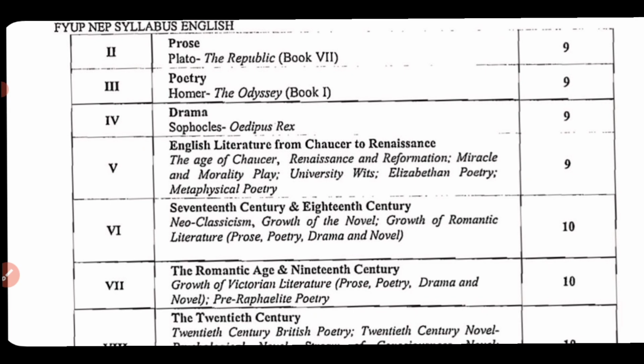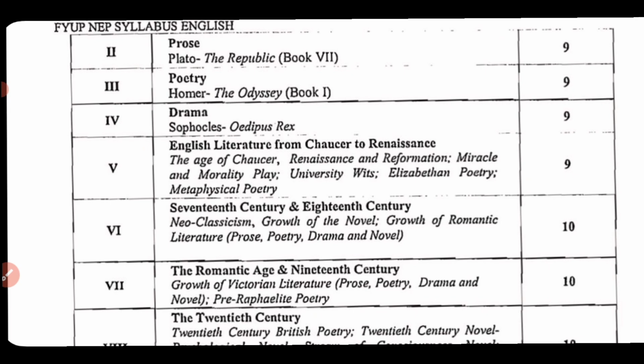Now we move on to the history of English literature in Unit 5, and the topics included in this unit are the age of Chaucer, Renaissance, Reformation, miracle and morality plays, university wits, Elizabethan poetry, metaphysical poetry. These topics explain how English literature developed from the medieval period to the Renaissance.